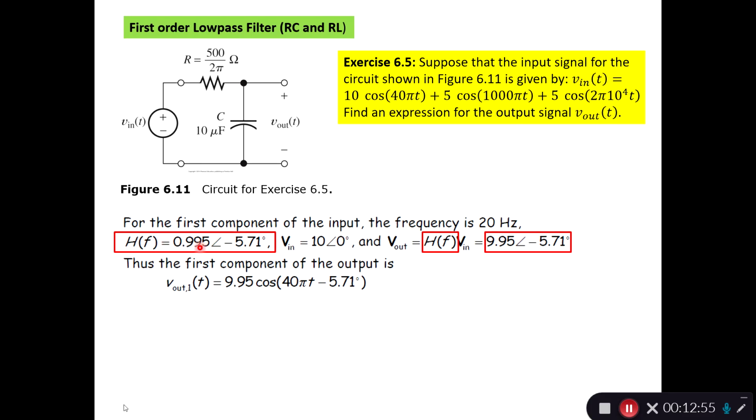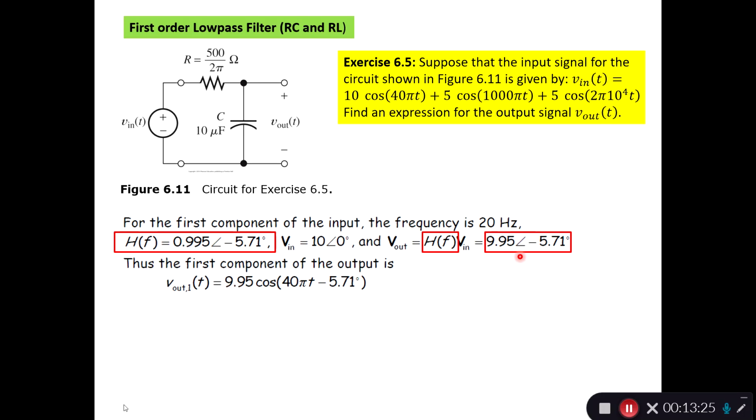I had previously calculated my transfer function, so now I can see H of f times Vin. That becomes 10 times 0.995. That gives me 9.95 here, and a phase shift of minus 5.71, because I have a phase shift of 0 here. And then I have to turn it into the time domain.